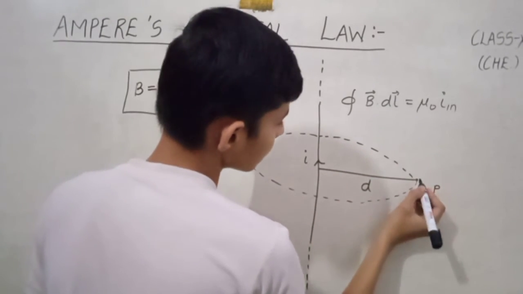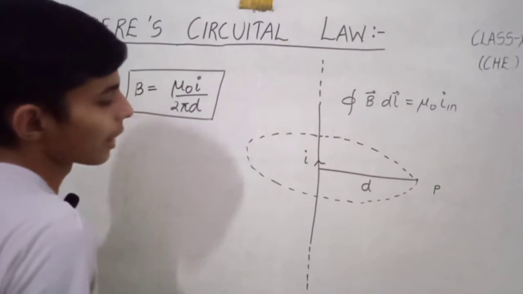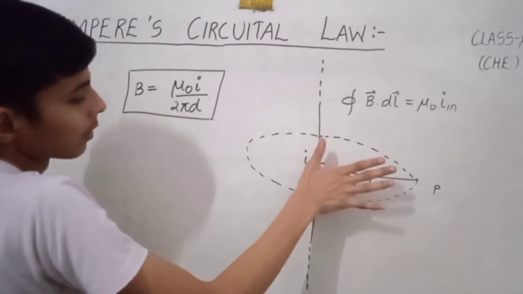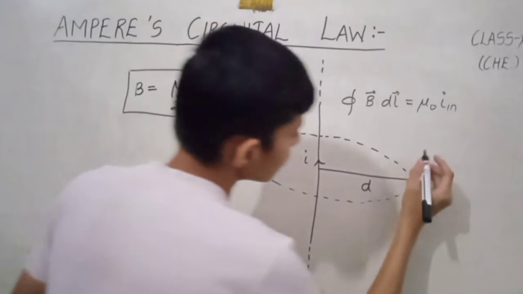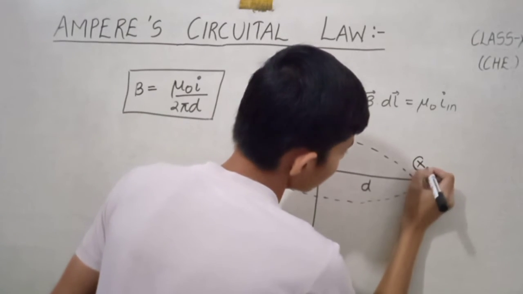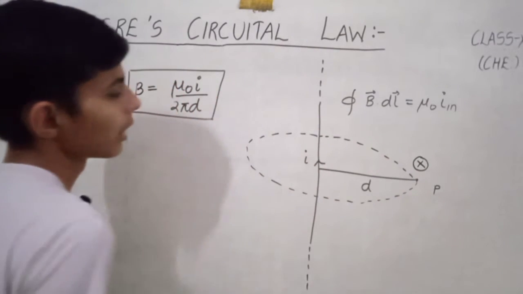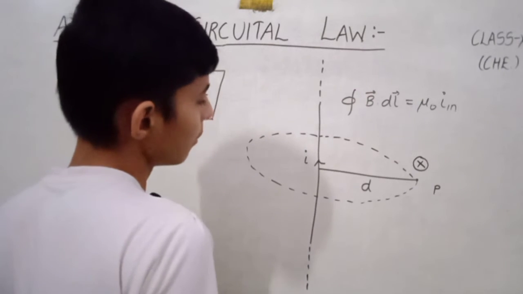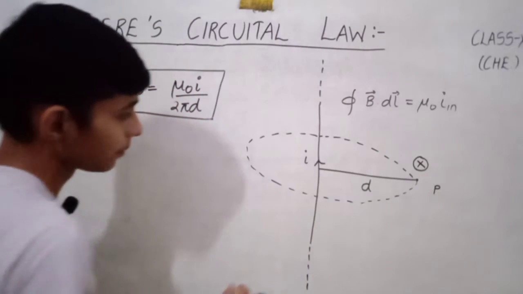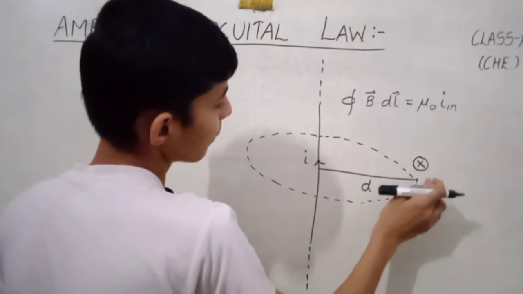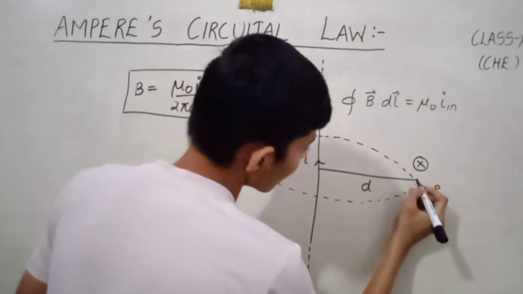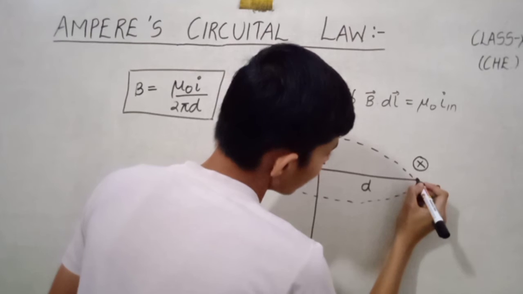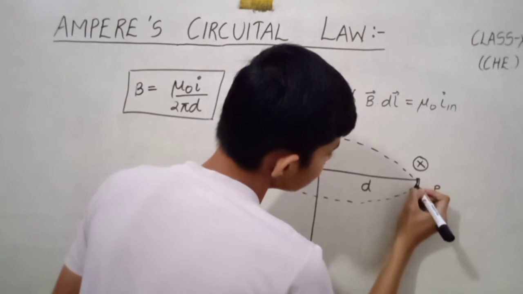Now we have to find the direction of the magnetic field. The direction of the magnetic field is inside the plane. This symbol is used to denote the magnetic field inside the plane. We find it by using the right hand thumb rule. Suppose here I have assumed a small element.